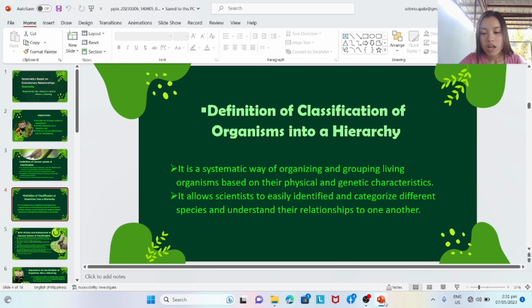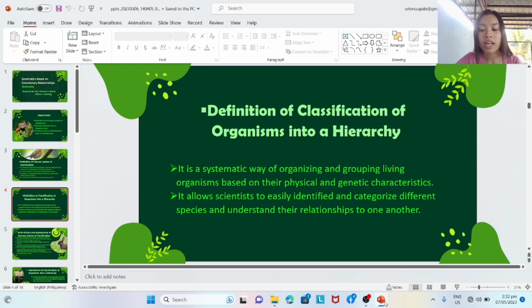It refers to the systematic organization and grouping of living organisms based on their physical and genetic characteristics. This process enables scientists to categorize or identify different species and understand the relationships to one another by placing organisms into distinct groups within a hierarchical structure.